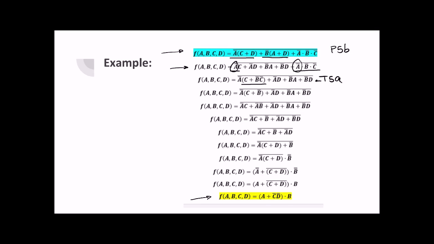We now apply theorem 6a in these two expressions and we only have this result. Now we use theorem 4a in these two expressions and we are left with only this one.